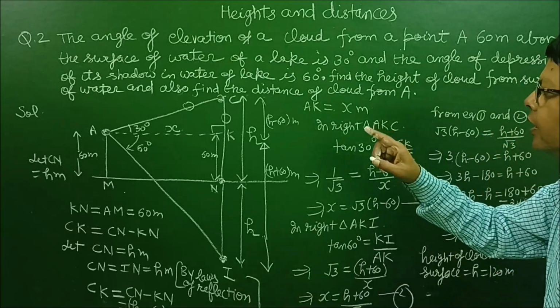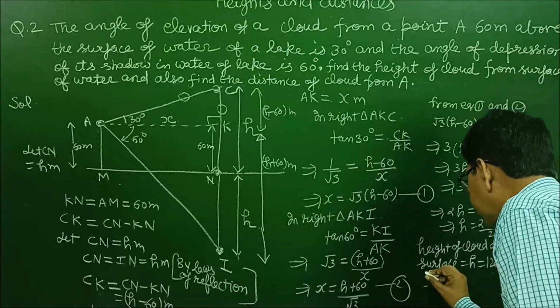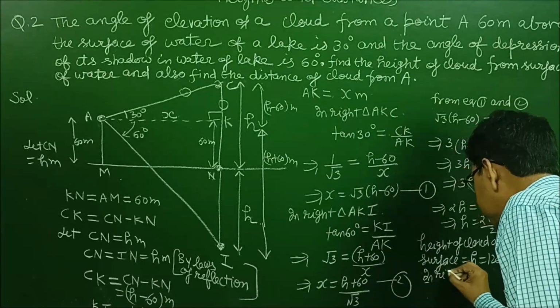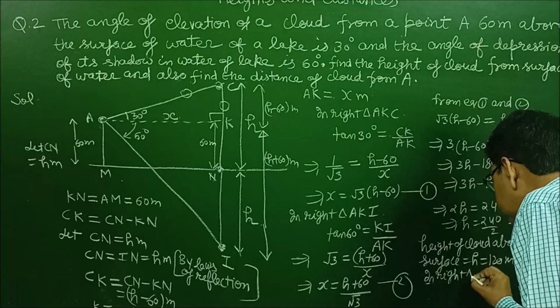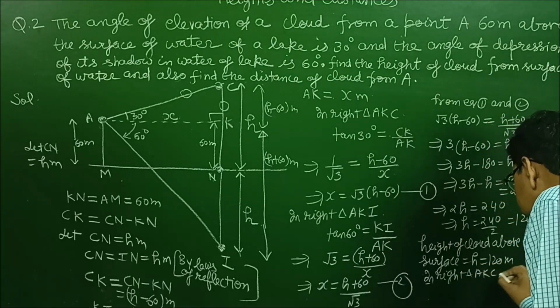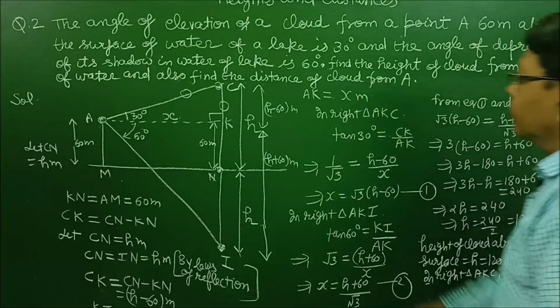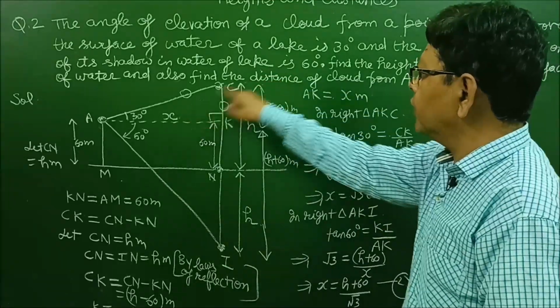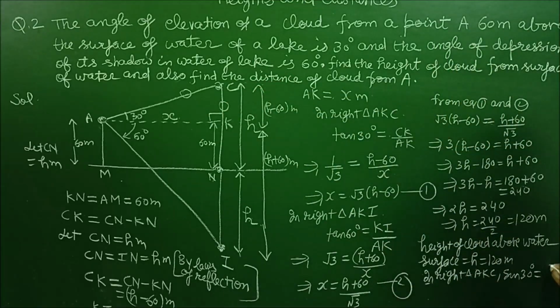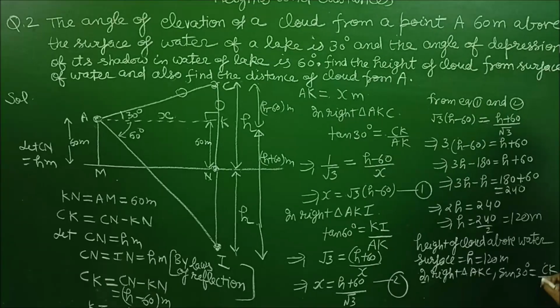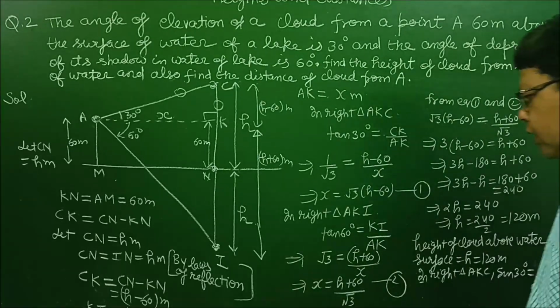in triangle AKC, in right triangle AKC, sin 30 degree is equal to CK upon AC. CK can be easily calculated.